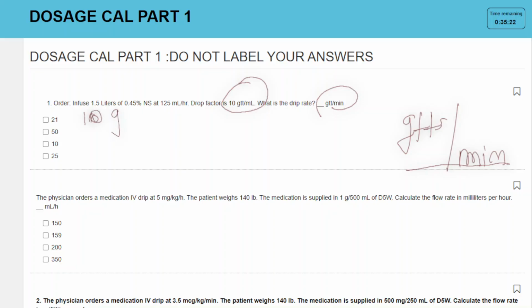10. You see that? 10 drops per mL. I want you to see that. Now, there is a line here. That line is invisible, but it's right there. One of the rules of dimension analysis is that you cannot have two of the same unit on the same line.